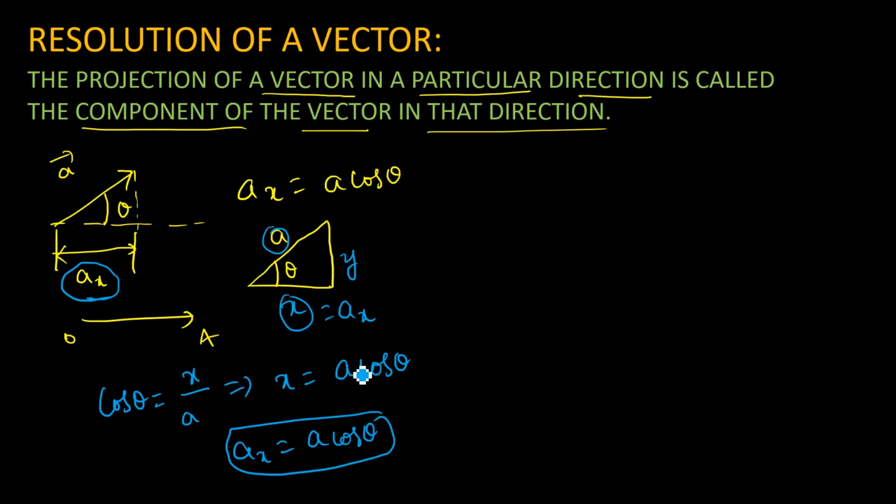Like that we can represent the vector in two-dimensional and three-dimensional also. Now we'll go for the two-dimensional representation of a vector.